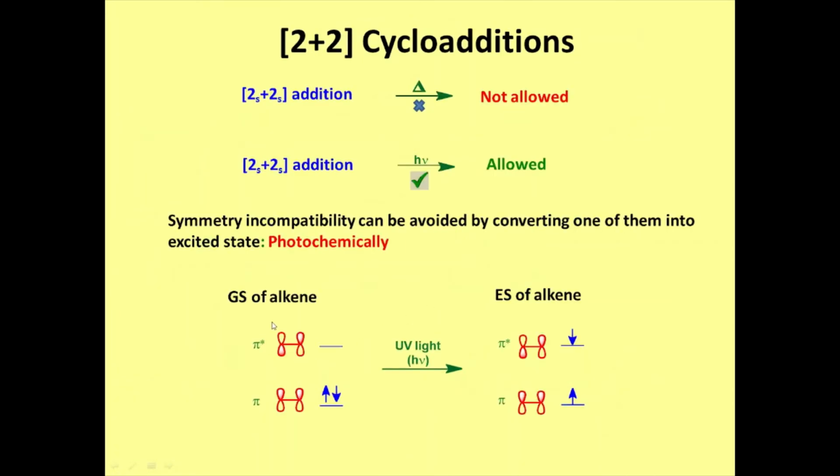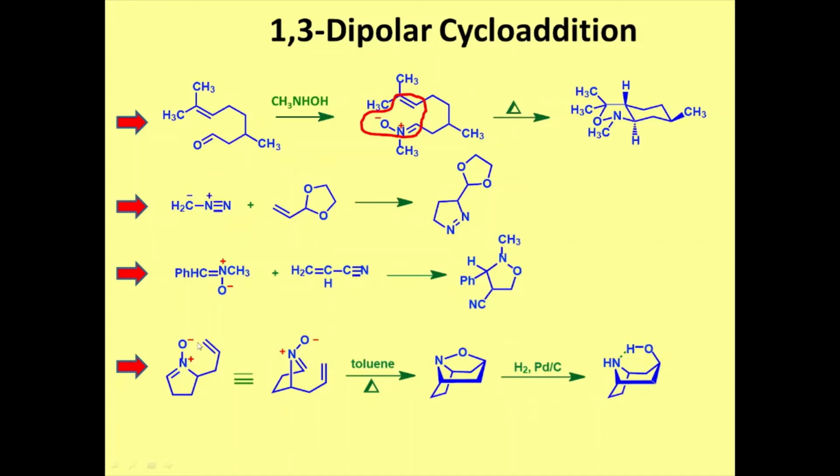This is another example of an intramolecular 1,3-dipolar cycloaddition reaction. It's been drawn in a way that gives you a quick understanding, and upon heating you can have this heterocyclic ring structure, and upon reduction the amino alcohol compound will be obtained.